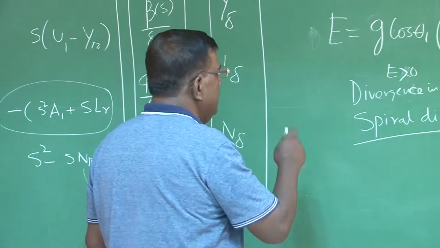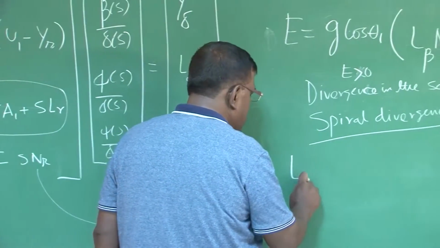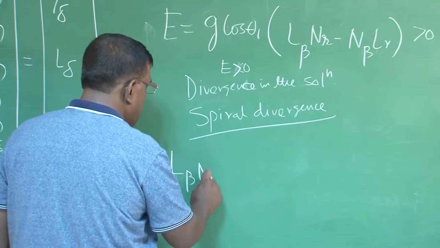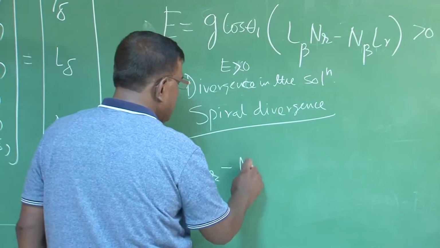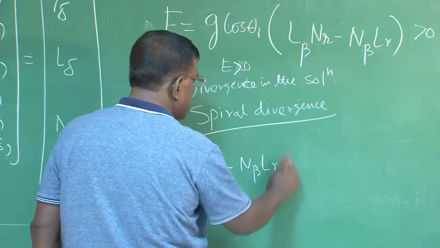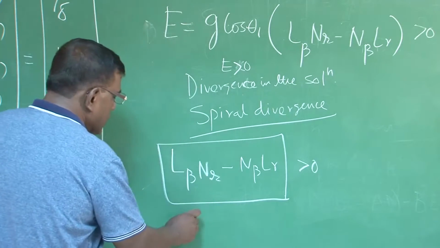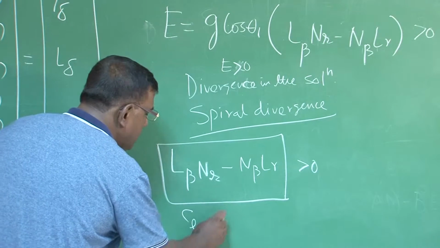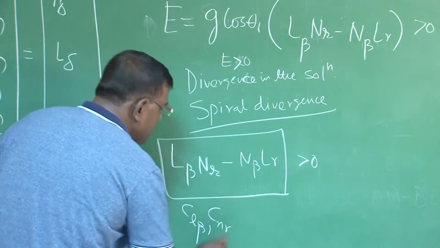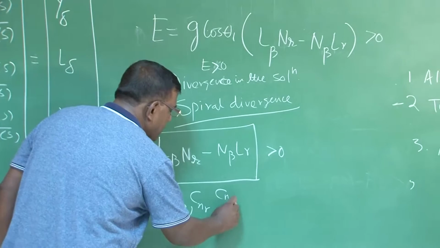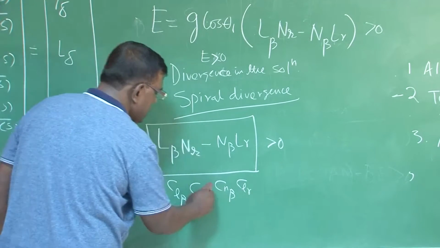But fundamentally what we understand, the combination of L beta NR minus N beta LR should be greater than 0. So CL beta plays an important role, CNR plays an important role, Cn beta plays an important role, and CLR.